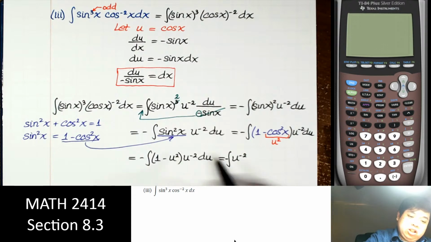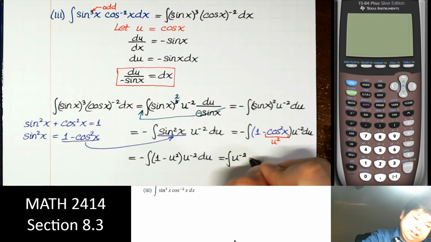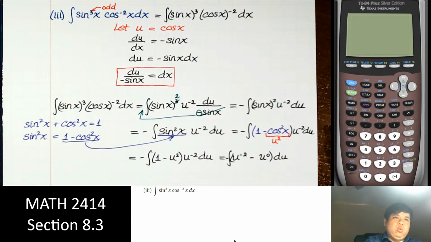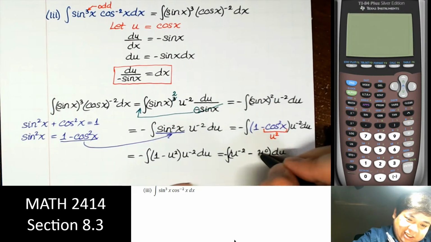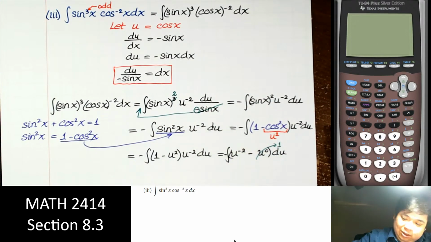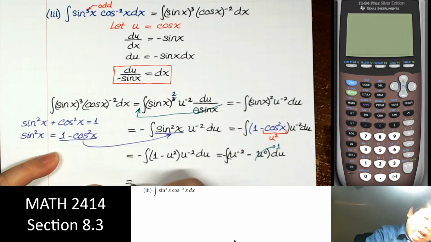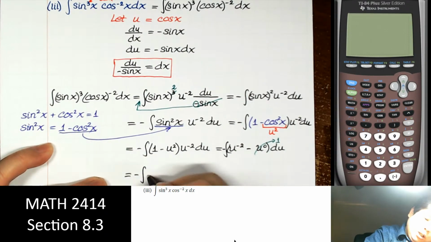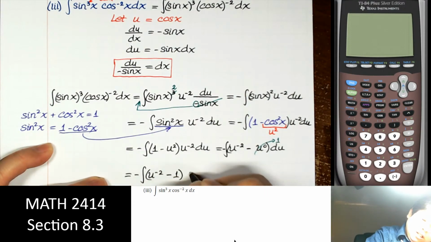Add the power: 2 minus 2 is 0, which is 1. So we have negative u to negative 2 minus 1 du.